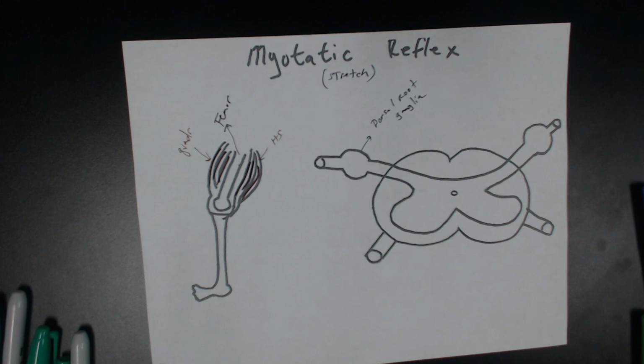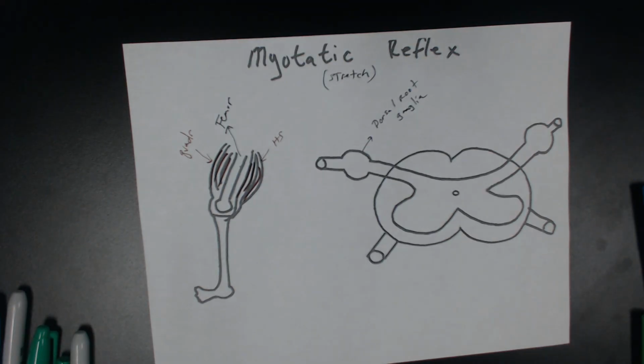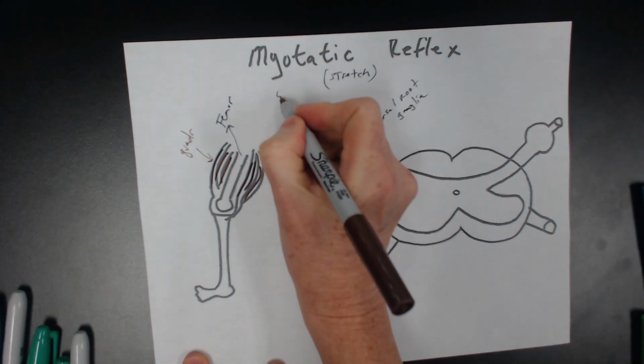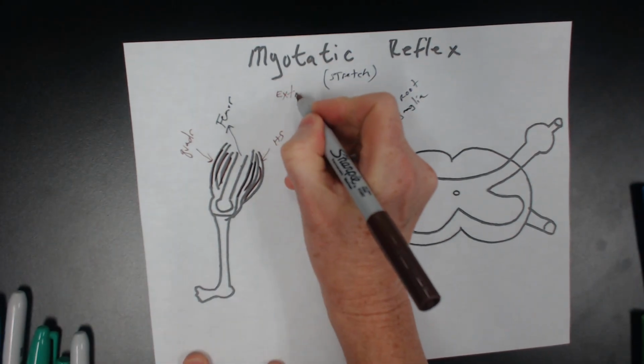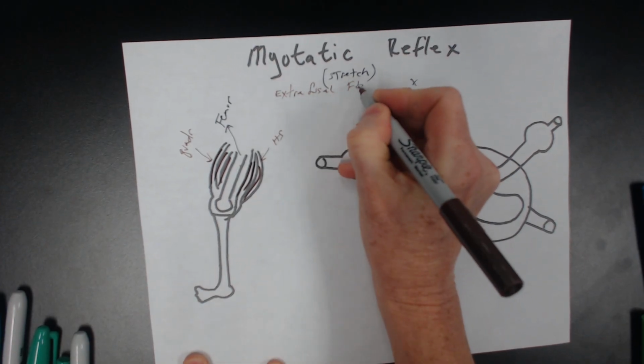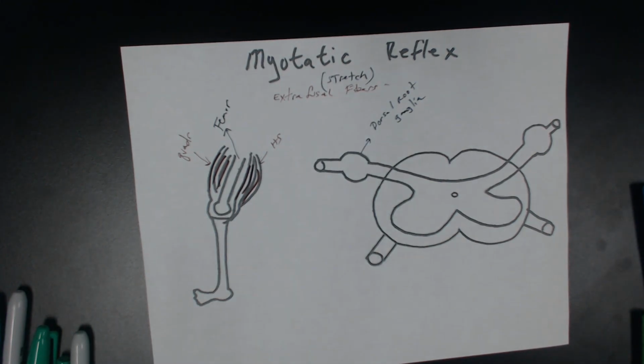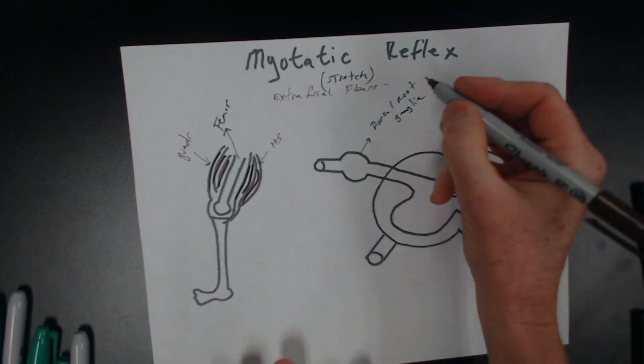So these things that I've drawn in here, the brown that represent the muscle fibers, those are extrafusal fibers, and they're nothing more than muscle fibers, skeletal muscle fibers.